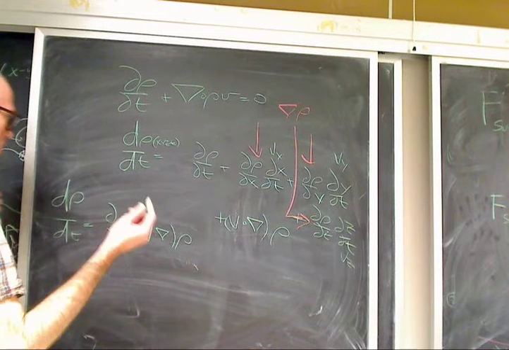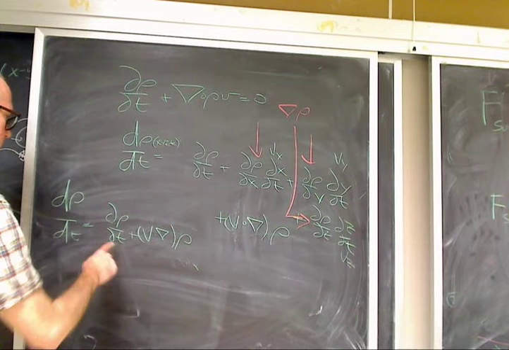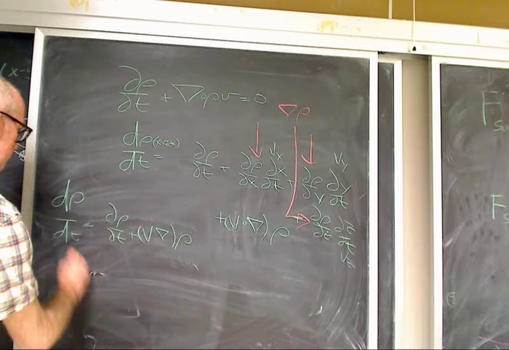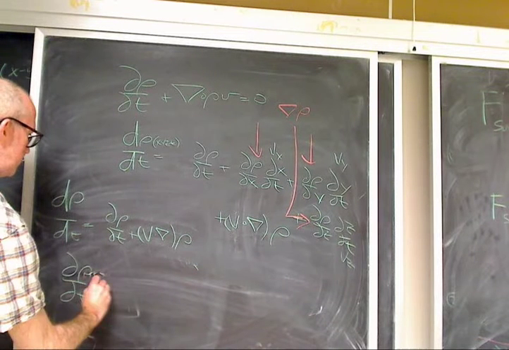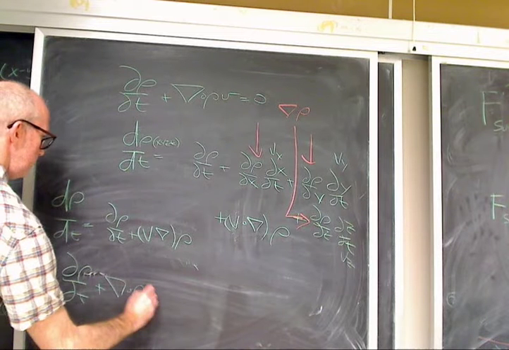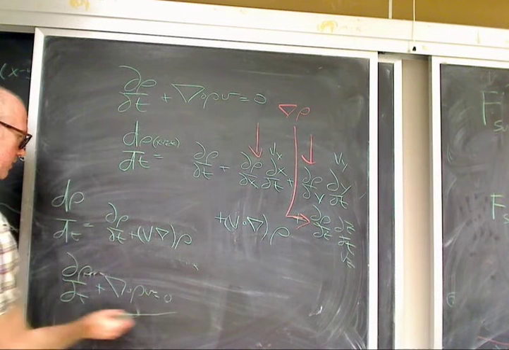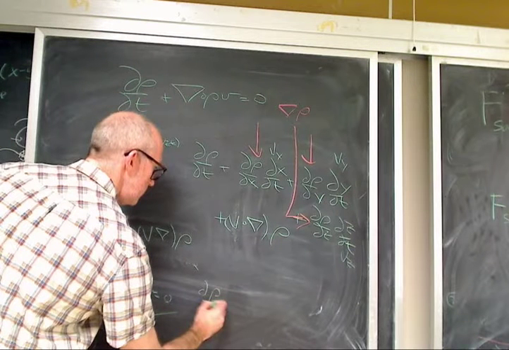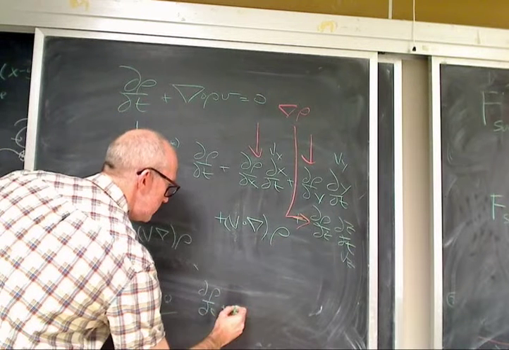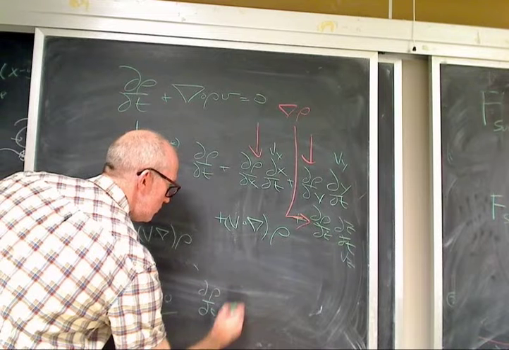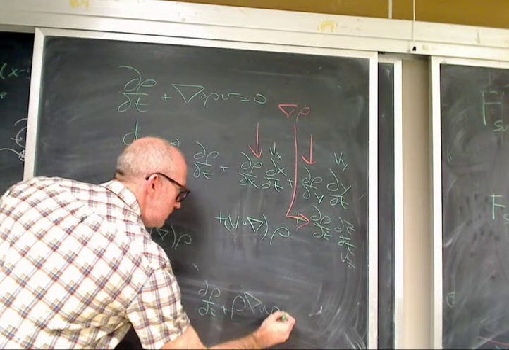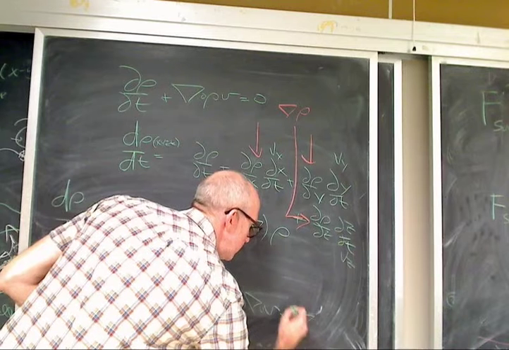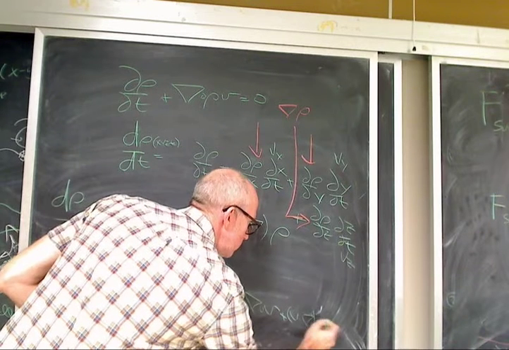If I want to get an equation for this, what does this equal? Well, I know what d rho dt is. d rho dt plus div rho v equals 0. I can expand this with the product rule. So then I get d rho dt plus rho div v plus v dot grad rho equals 0.